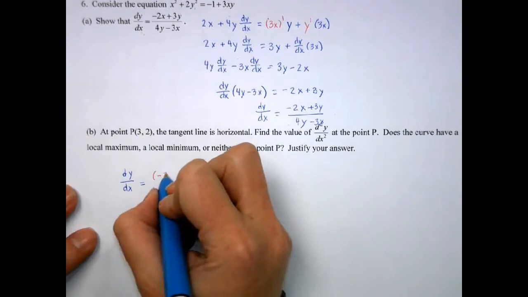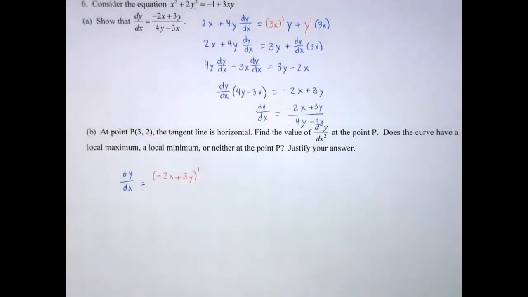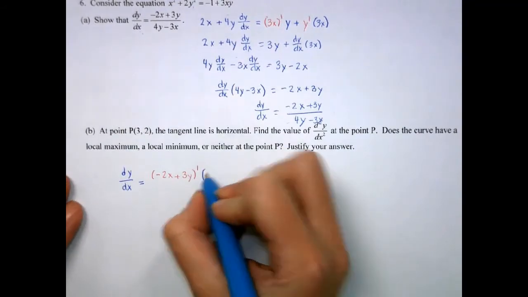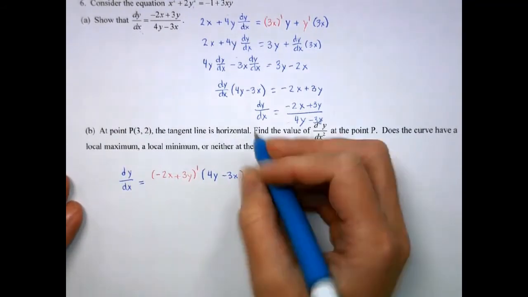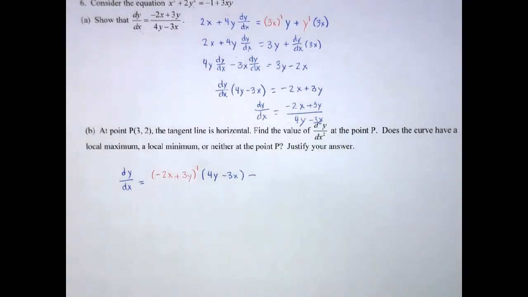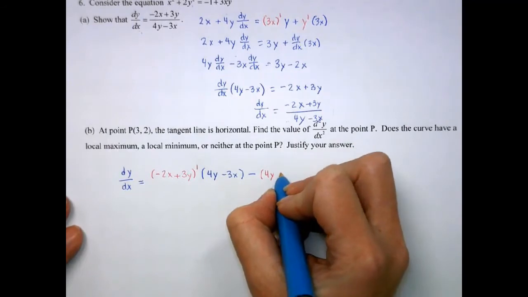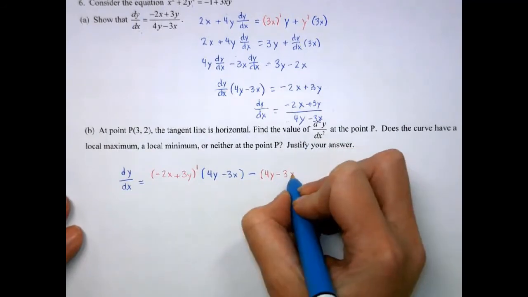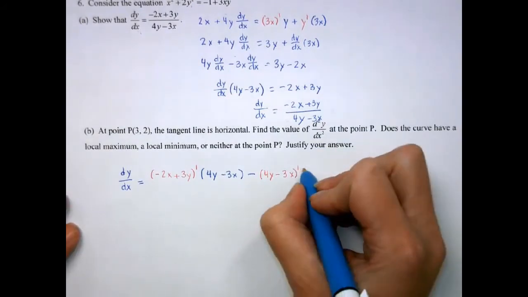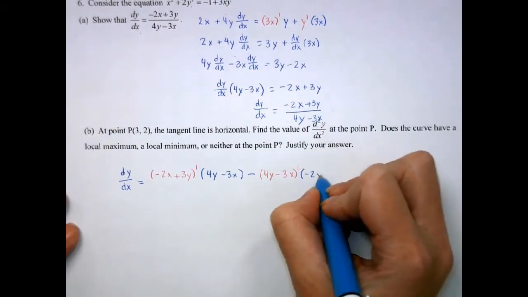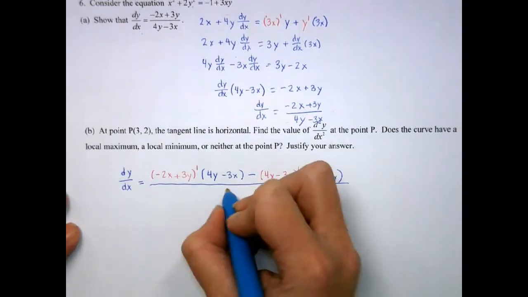So derivative of the top times the bottom minus the derivative of the bottom times the top all over the denominator squared.